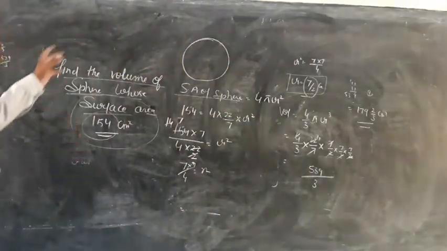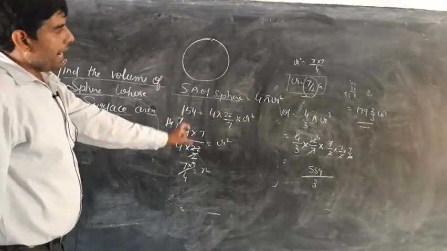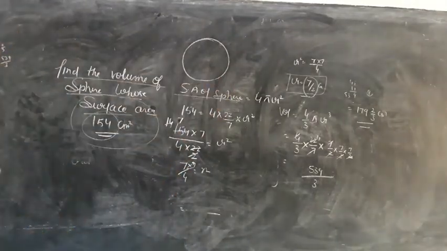Okay. First we find the radius and second we find the volume of the sphere.